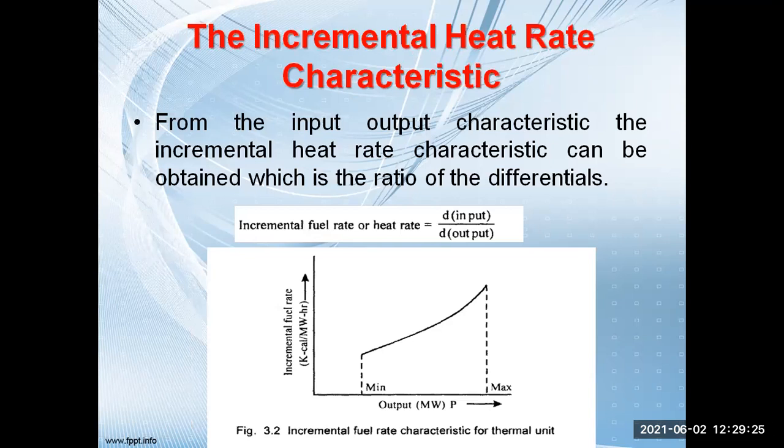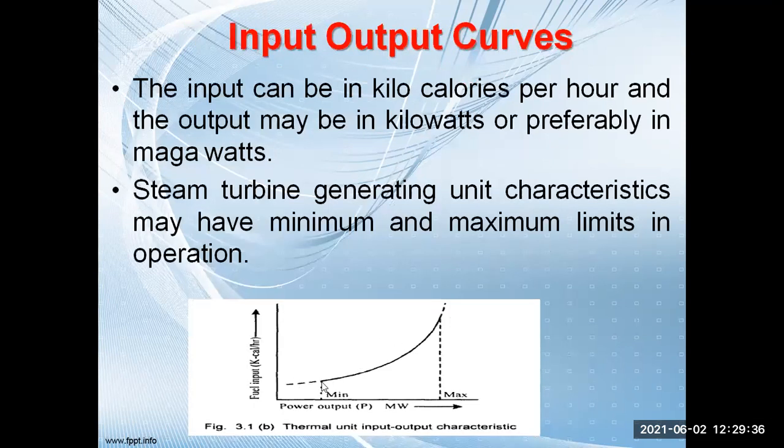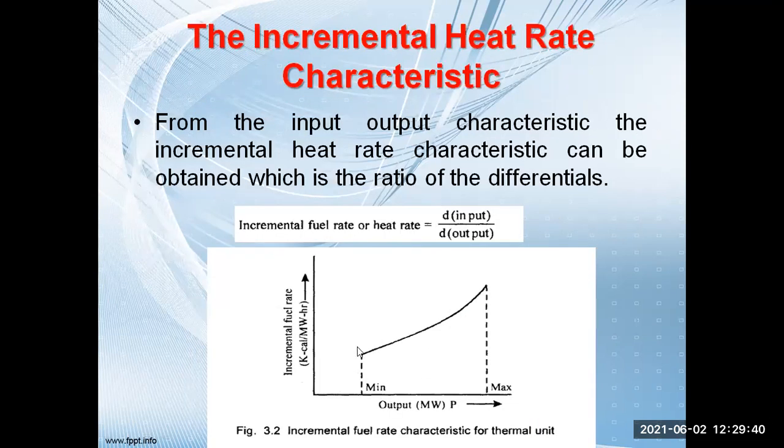So basically d of input by d of output is the incremental fuel rate, also known as the heat rate. If your fuel input curve is this one, and you differentiate this curve, you will get this kind of curve, where the incremental fuel rate is basically between some minimum generation and some maximum generation.